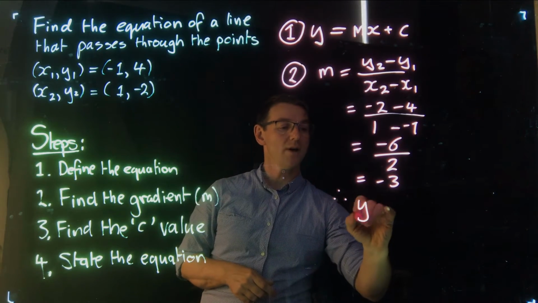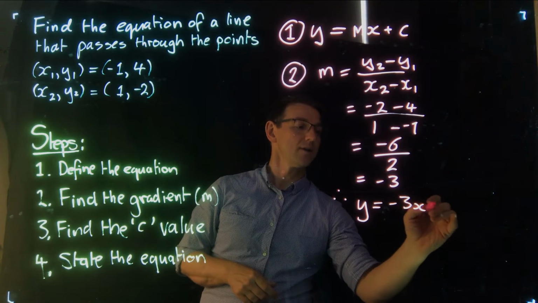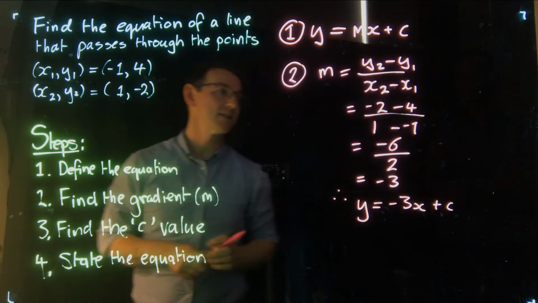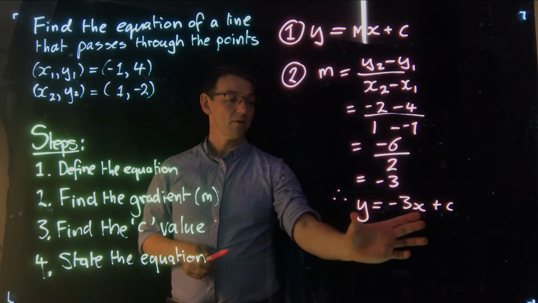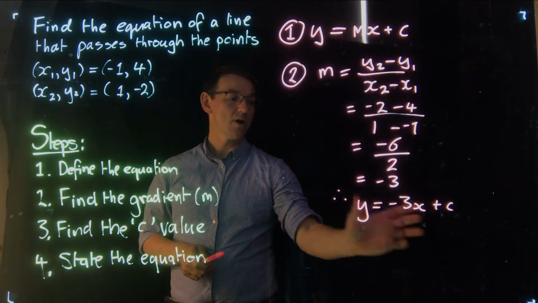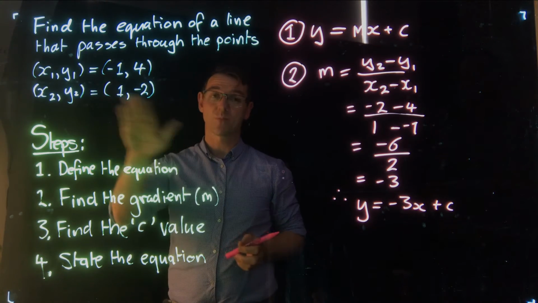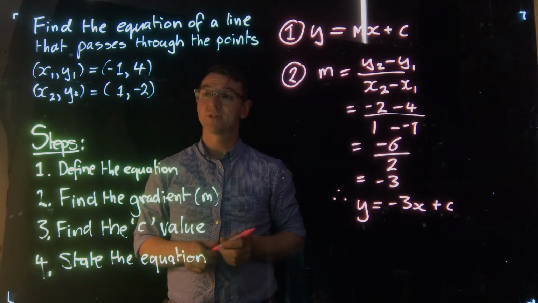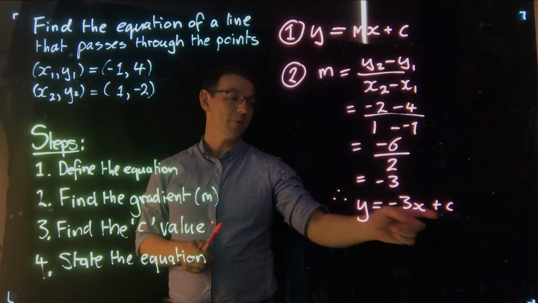So y is now equal to -3x, we still don't know our c, plus c. But for these x and y, we do have the conditions in one of our points where we can substitute in some values. We can then have the only unknown being our c value.